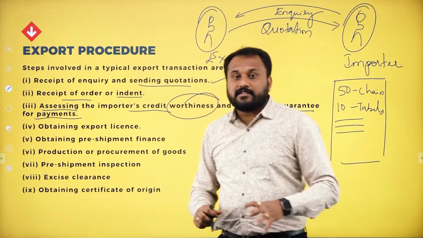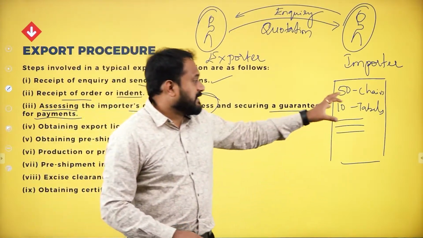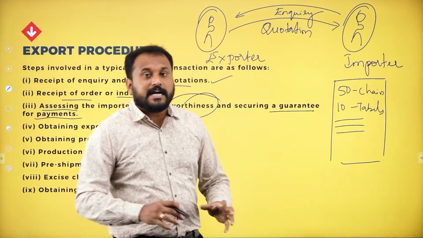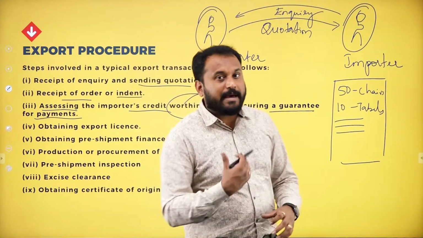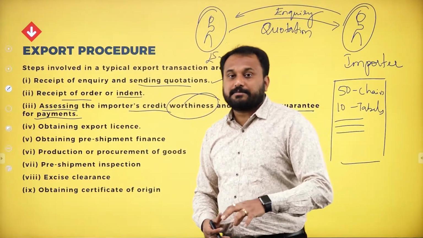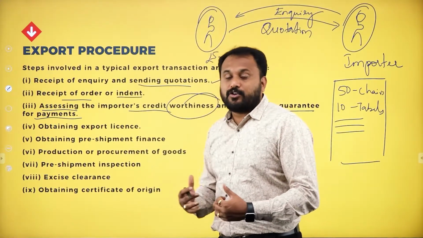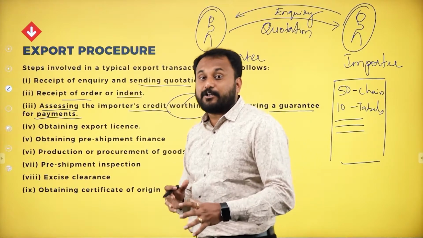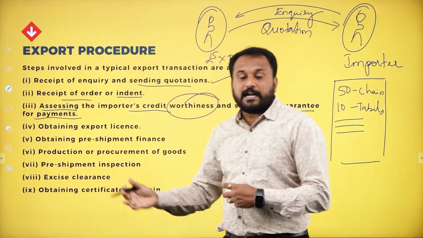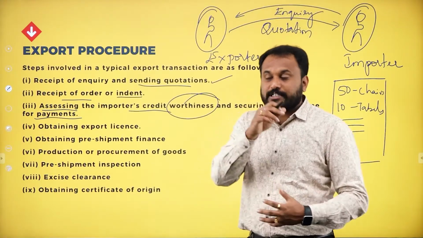The minute somebody gives you a quotation or tells you that they need 50 chairs or 10 tables, you don't need to start manufacturing. You are supposed to know their background, who that person is, whether he is really a businessman, or whether any fraudulent thing is happening. Then you check whether the person has the money to pay you, because once you start manufacturing and send the things, if he doesn't pay you, that is a question mark.